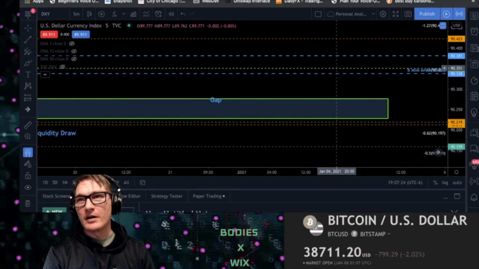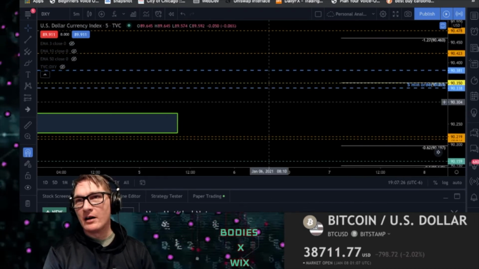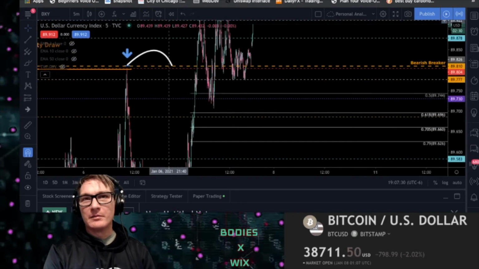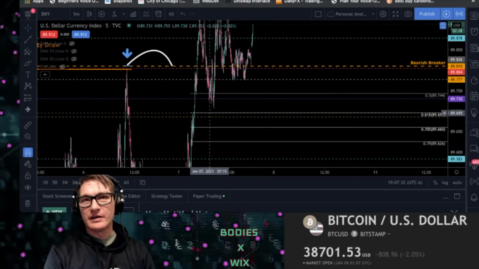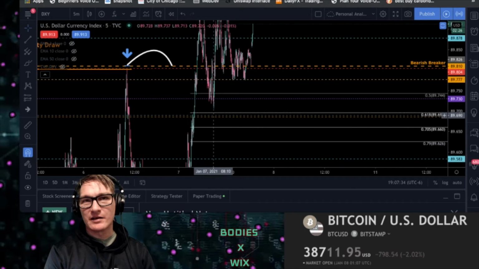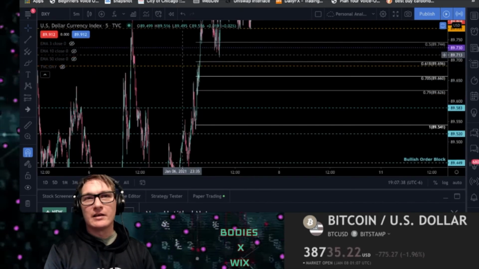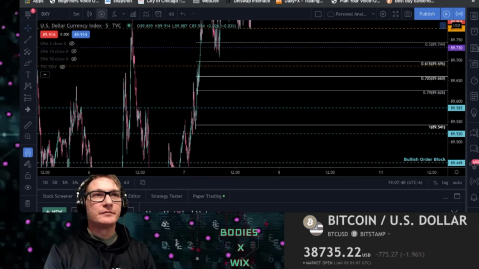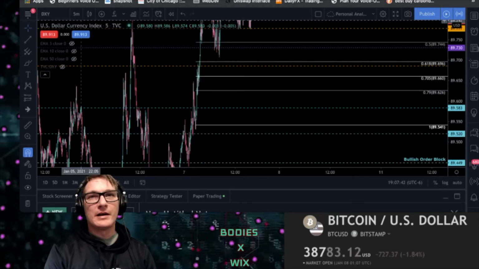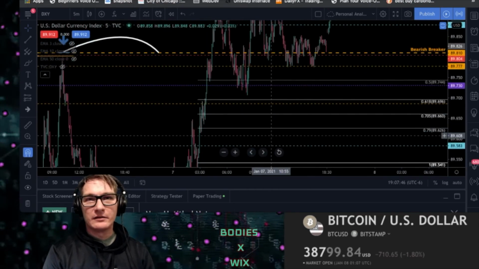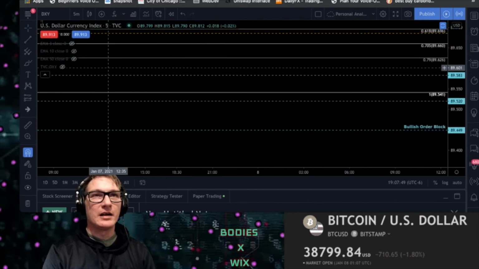Well, it's a level I have marked for some reason, but it's right on it. So maybe that is the level. But I don't like that level because that only comes back down and doesn't even touch the 0.62. So that's the reason I don't like that level. So I'm going to go back and set it the way I had it before, just because that level made a lot more sense to me.